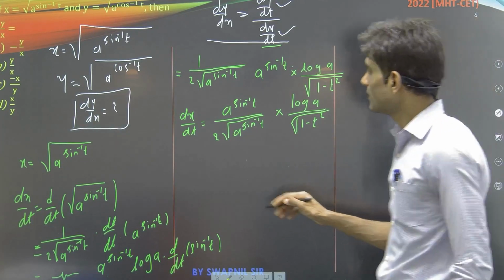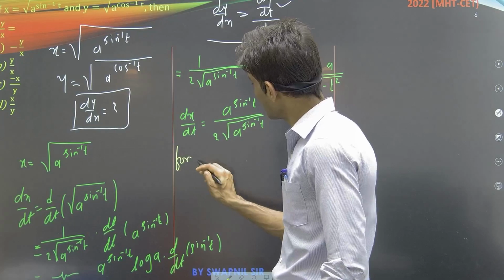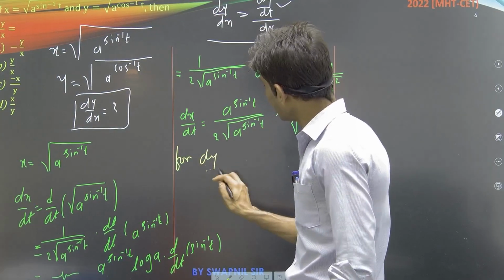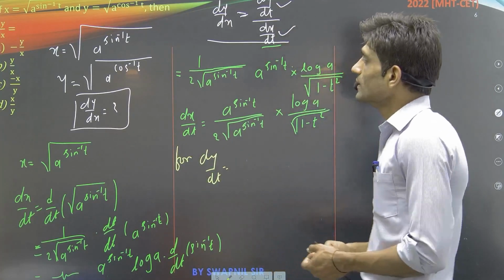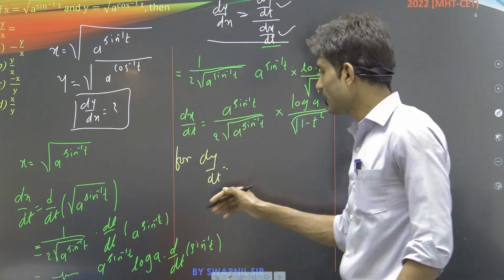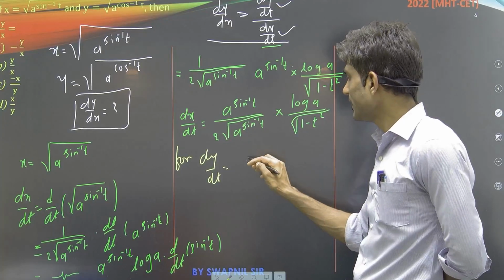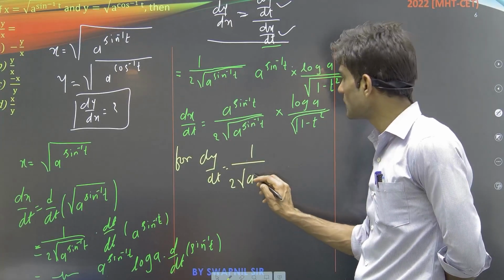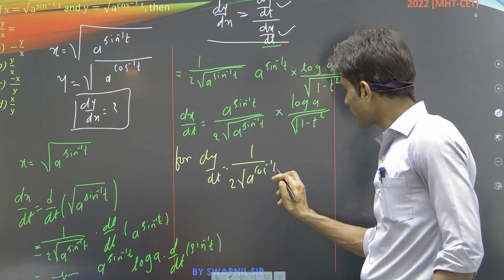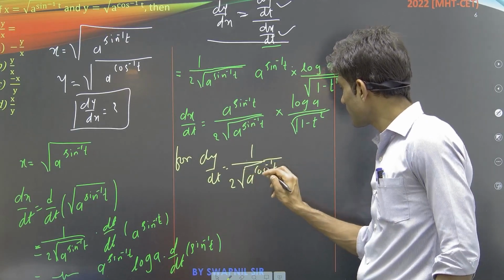For dy by dt, we have to differentiate our function y with respect to t. That means a to the power cos inverse of t, differentiate similar to this. Root x has differentiation 1 upon 2 times root x, so we get a to the power cos inverse of t.